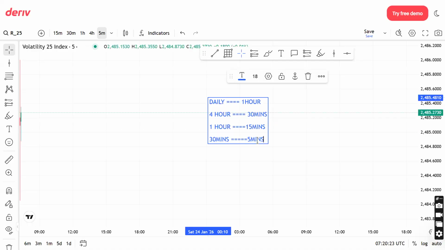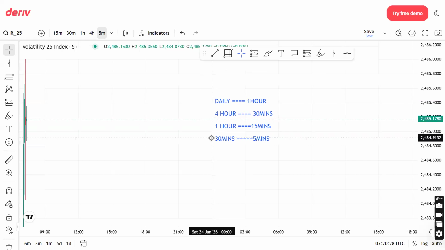All right. That being said, how do you align the time frames together? We are going to be using the detrended price oscillator. It's an indicator that mathematically calculates the trend of every time frame and gives you the direction for the day or for the moment or whichever time frame you decide to use it on.